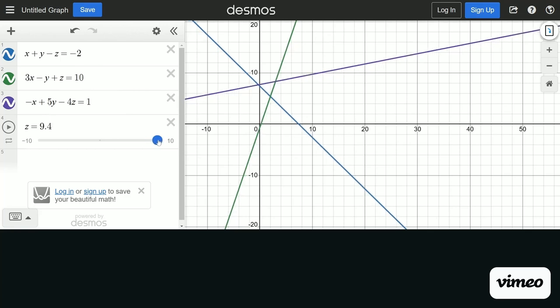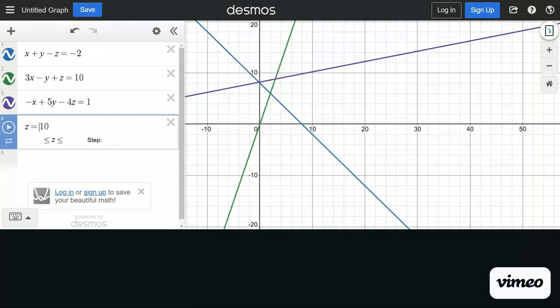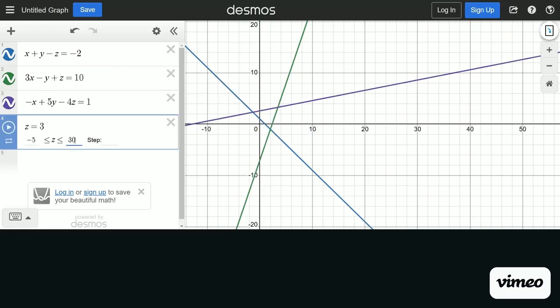It's hard to see right now, but it's all getting closer together. So we want to continue until it meets. Well, we're like, oh wait, we can't go any further. We can. What we need to do here is change our scale. I just need to make it bigger. Let's say negative 5 and 30.